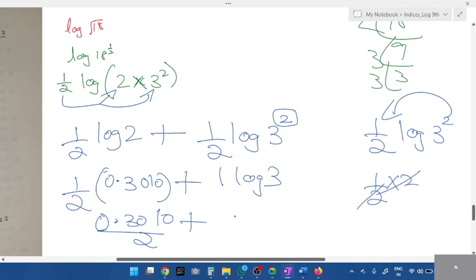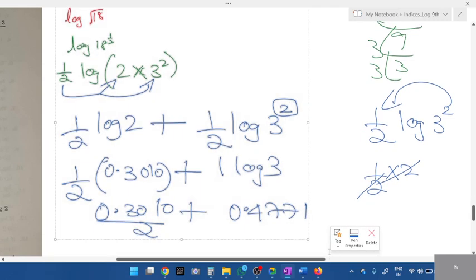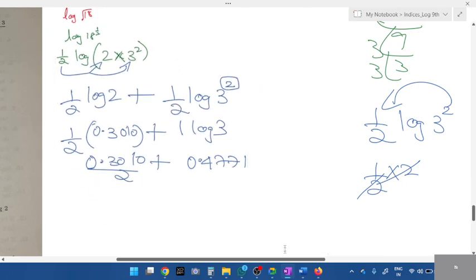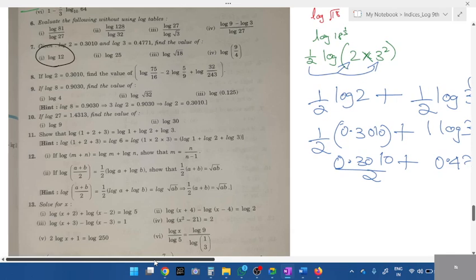How much is log 3, students? 0.4771. So don't take LCM. Don't take LCM and waste your time. First, reduce 0.30 divided by 2. Complete it. And what's the last question?